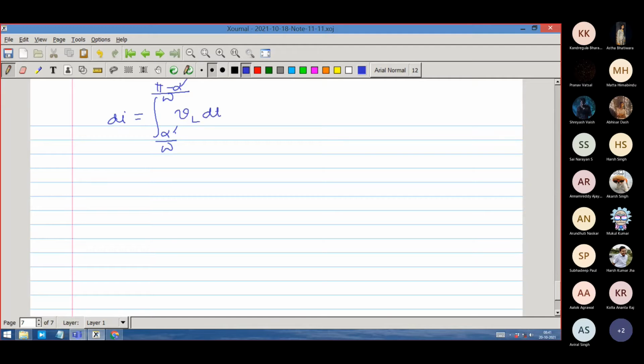VL implies the drop across the inductor. di will be I max, because the initial current is 0. So if I integrate di, it is equal to I max. I will write it this way, I max.